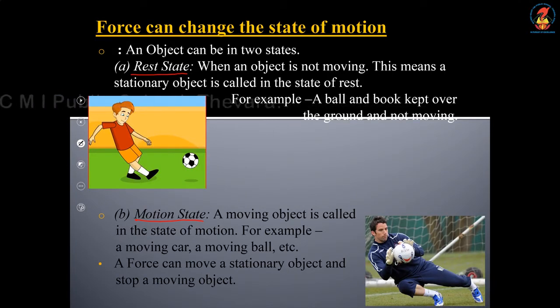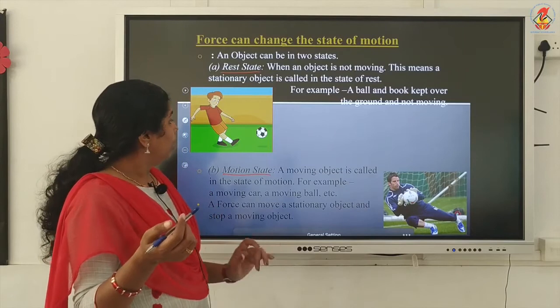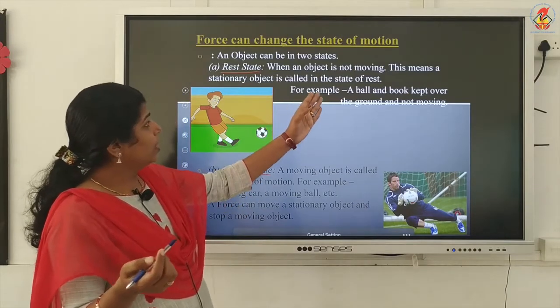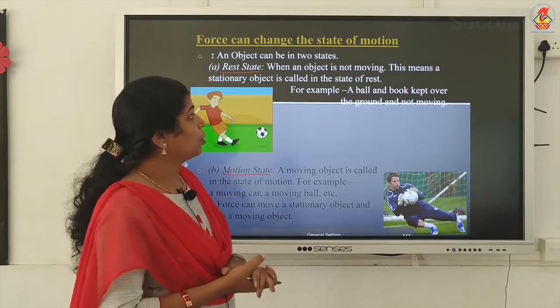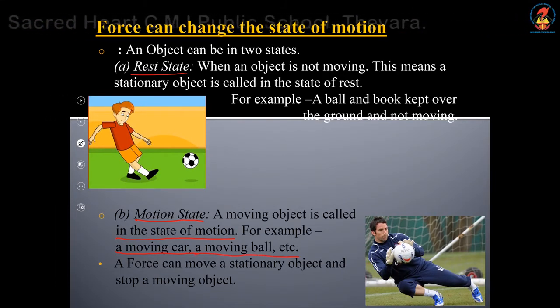The example I have given here is a ball or a book kept on the ground, which is not moving. Then motion: a moving object is called in a state of motion, for example a moving car or a moving ball.